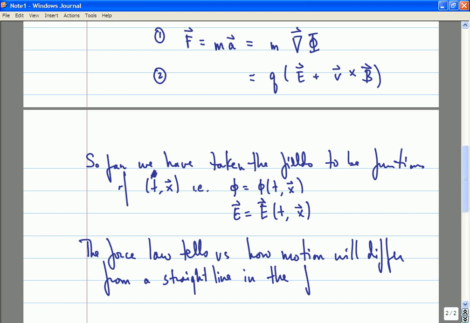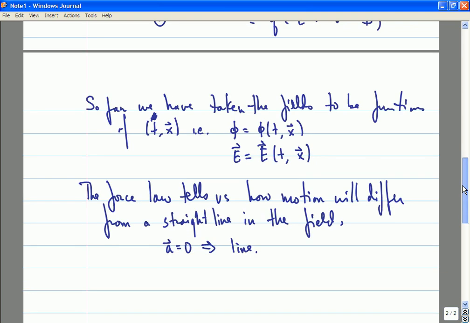So, for example, if there's no gravitational potential or no electric and magnetic field, then we just have a equal to 0, so that the motion will be in a straight line. However, if we have some non-zero gravitational or electromagnetic field, then motions will deviate from straight lines. So this is the basic picture that we all keep in our heads when we think about force laws in classical physics. But in general relativity, we need to rethink that basic picture.